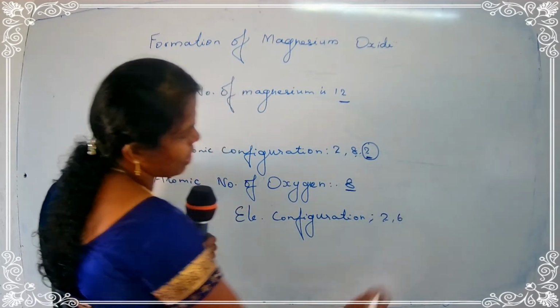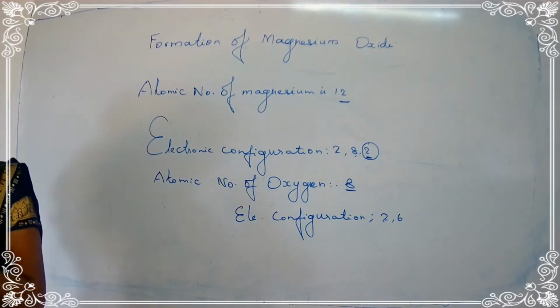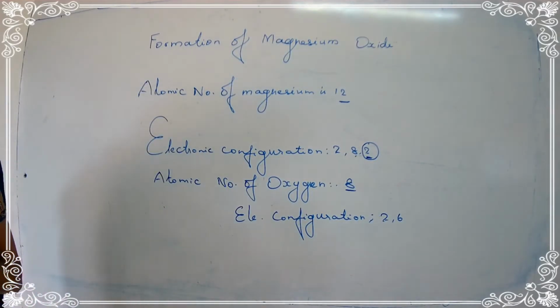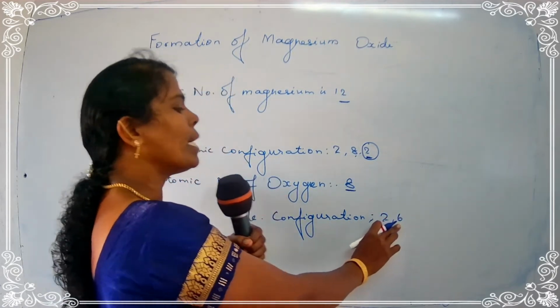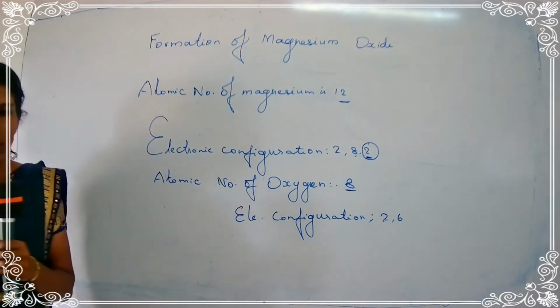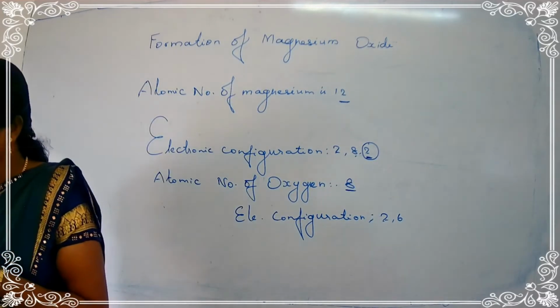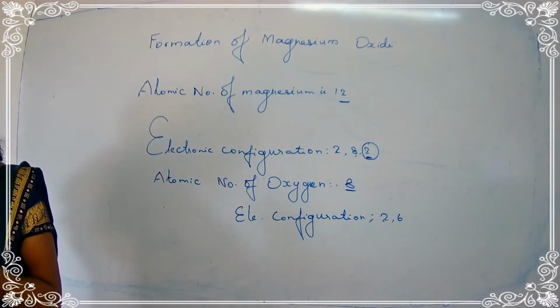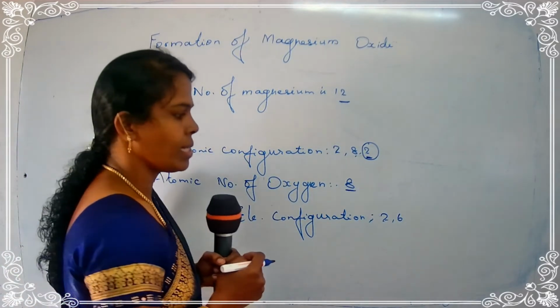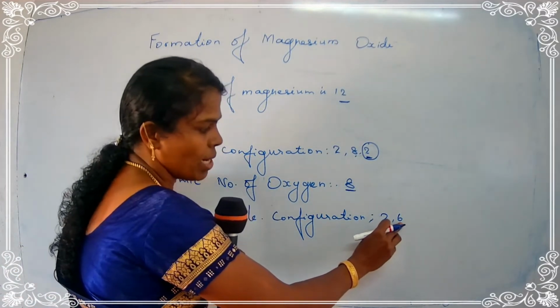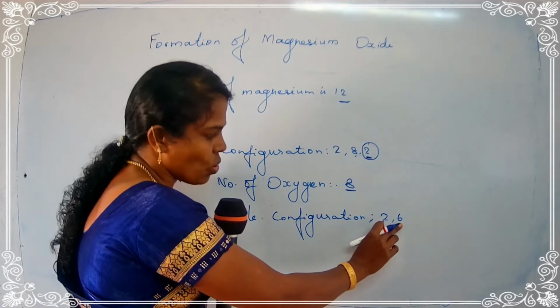Now, listen children. The last shell has only 6 electrons.